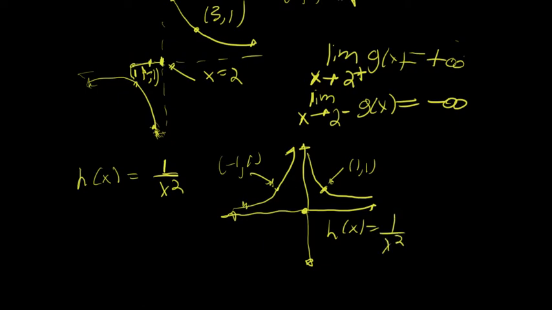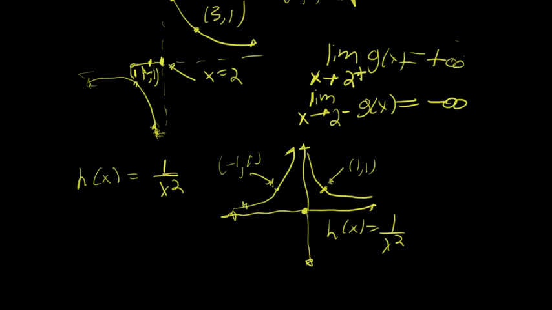But the point is you plug in a negative value for x, you square it, you get a positive number, you take the reciprocal of it, you still get a positive number. And as you take, let's look at the positive side. As you take bigger and bigger positive numbers, you square them, you get an even bigger positive number, but you take the reciprocal of that, you get a number very, very close to 0.